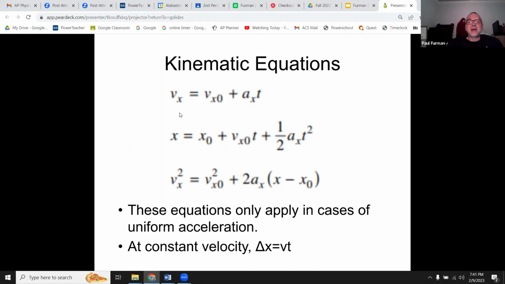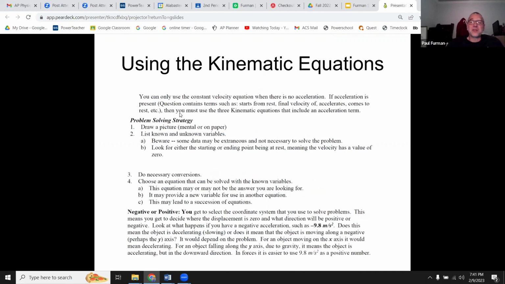That is the constant velocity case: your displacement is equal to your velocity times time. If I'm traveling at 5 meters per second for 3 seconds, my displacement delta x would be 15 meters. That comes into play definitely when you do two-dimensional motion.